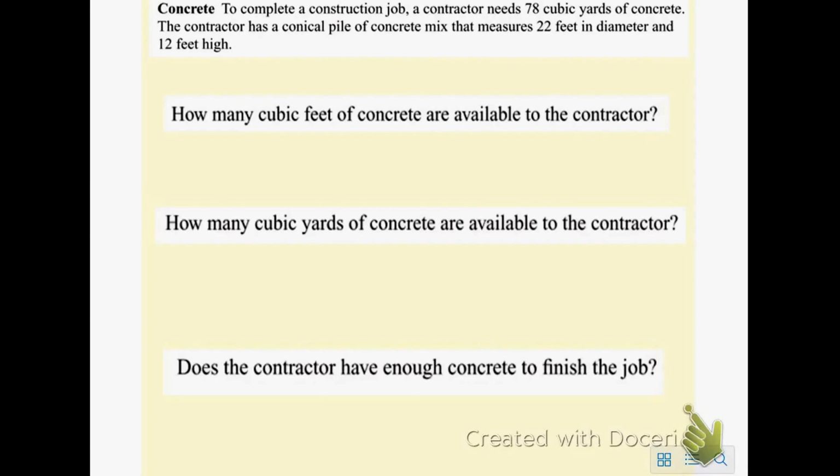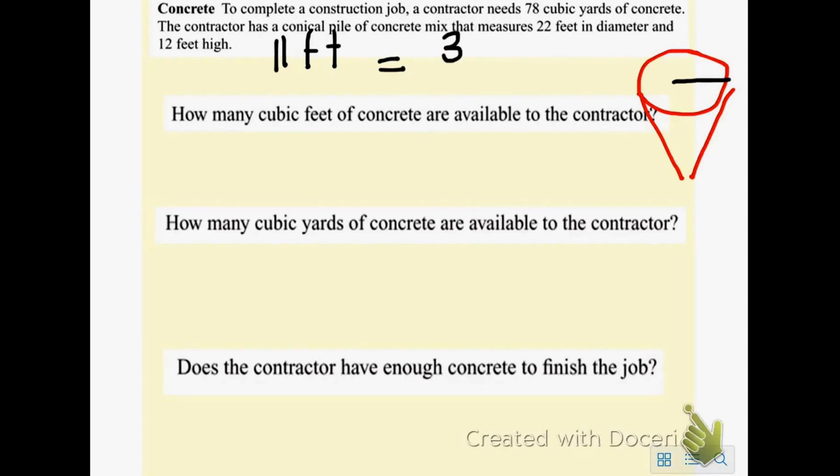So I'm going to draw a cone. I need to put my dimensions on there. If my diameter is 22, then my radius has to be 11, but that's 11 feet. And I know that 3 feet make up 1 yard.